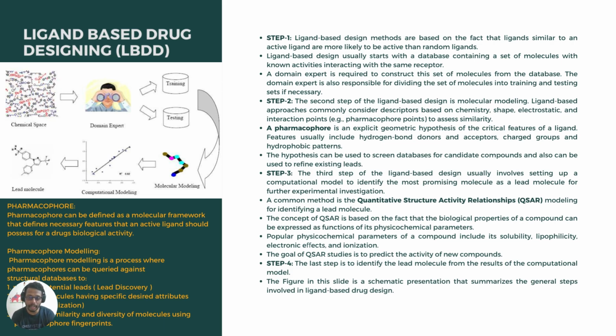Popular physicochemical parameters of a compound include its solubility, lipophilicity, electronic effects, and ionization. All these parameters of the different structures in ligand molecules are assessed in step 3, and based on that a few lead molecules are identified. The goal of QSAR studies is to predict the activity of new compounds. So in step 3, one or two lead molecules are finally identified.